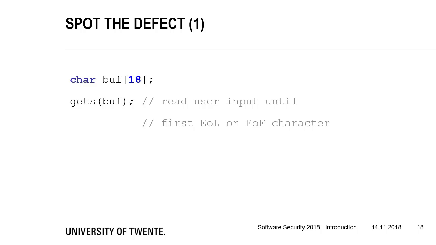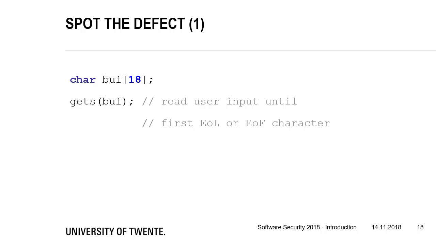I have several programs now, and you're supposed to spot the defect in this code. What is wrong with that C program here? Yeah? It may consume more input than the size of the buffer.